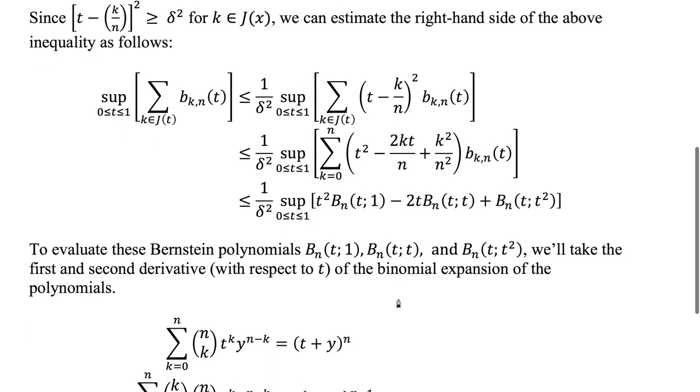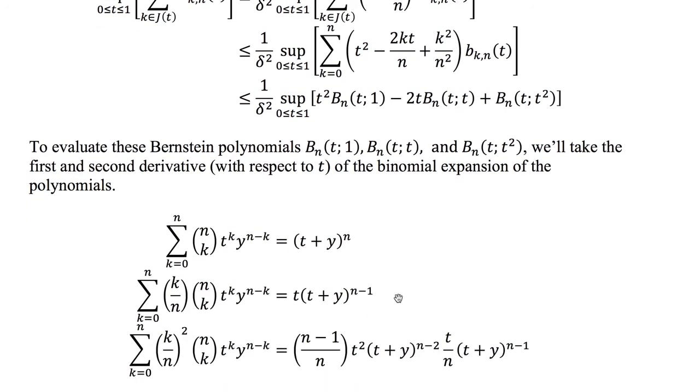Well, you may wonder, how can we do so? First of all, we invoke the binomial theorem. The n-th power of t plus y is equal to the summation from k equal to 0 up to n of n choose k, t^k, y^(n minus k).